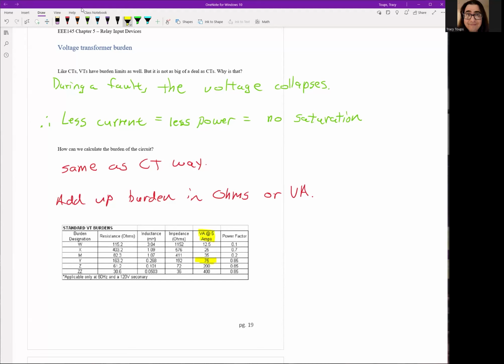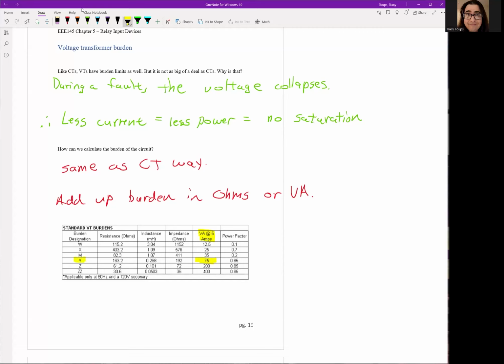This is the max load that you expect on a VT. So make sure that your lead wires and all your meters, you want to figure out your total volt ampere rating at 5 amps. Make sure it doesn't go past 75 for a Y rated VT.